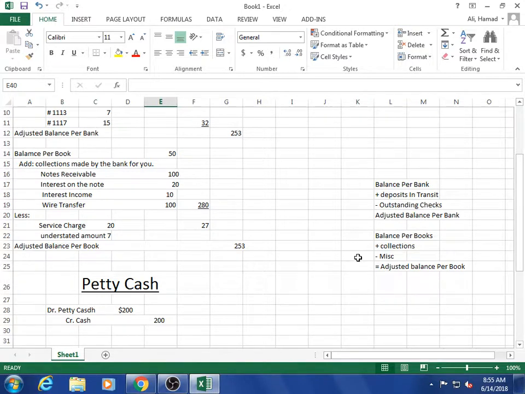It doesn't give you the details, but you have to know this formula to answer the question.